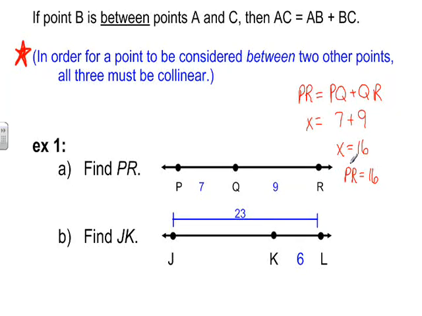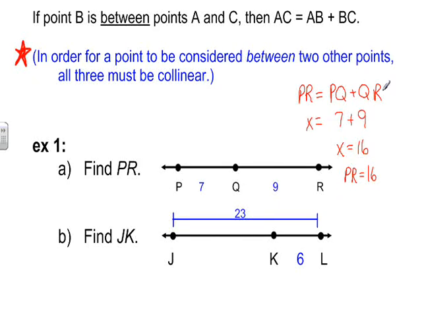Notice I'm not using the segment line above PR. That's just talking about the segment itself, so when I'm talking about a specific measurement, I leave that off and just write the letters PR here.